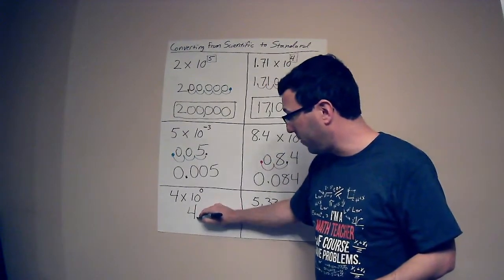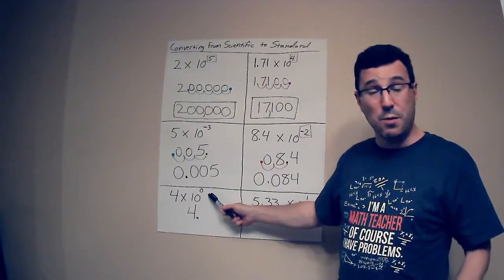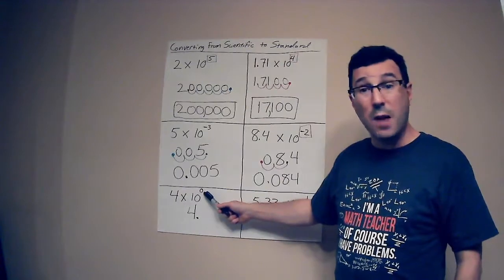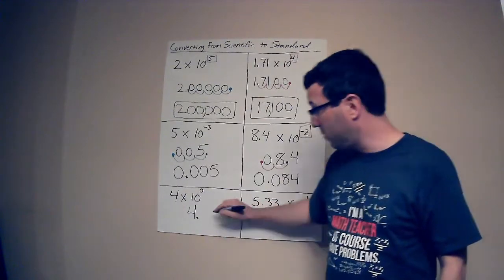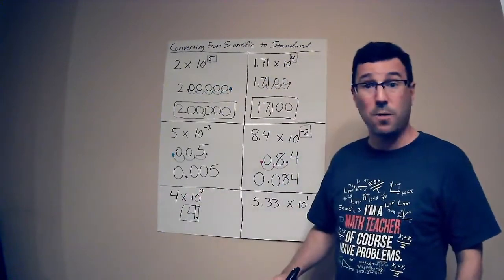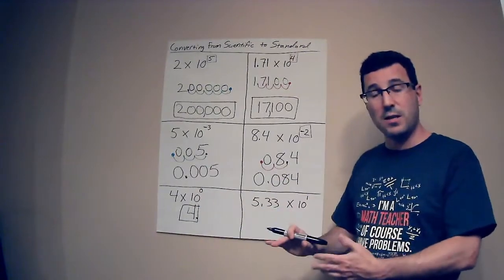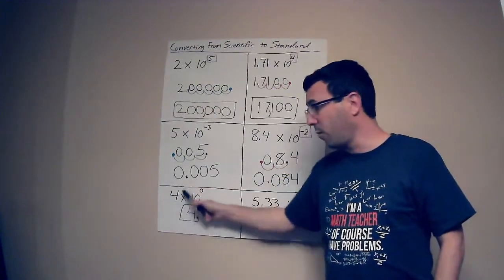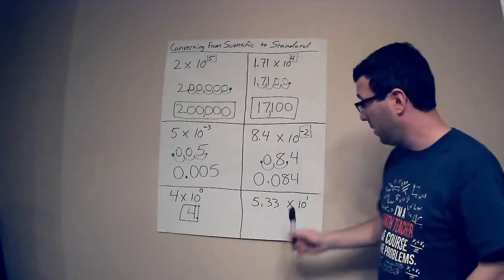Put a decimal after it. I look at the exponent to see how many times I move that decimal. I move it 0 times. I don't move it at all. So my answer is 4. Anytime I have a 10 to the 0 in scientific notation, whatever number I have that's between 1 and 10, that's my answer.